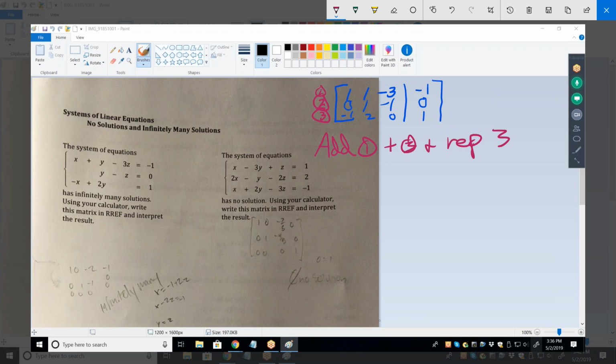Okay, so if I add 1 and 3, the only one I'm replacing, I'm just going to leave row 1 the same. I'm going to leave row 2 the same. But row 3, I'm going to add 1 and 3, which makes that cell 0.